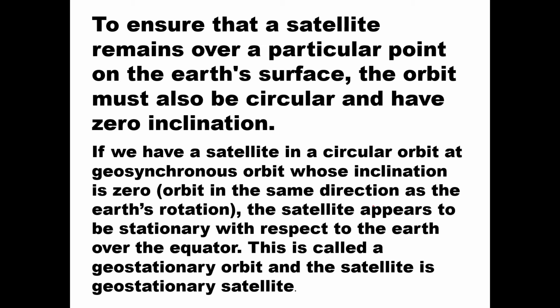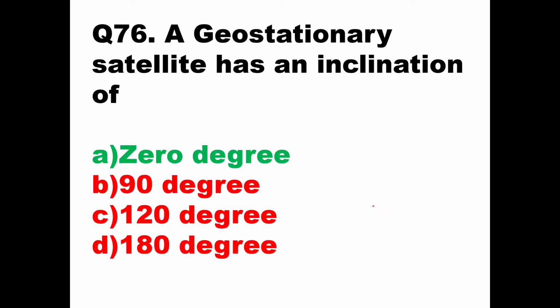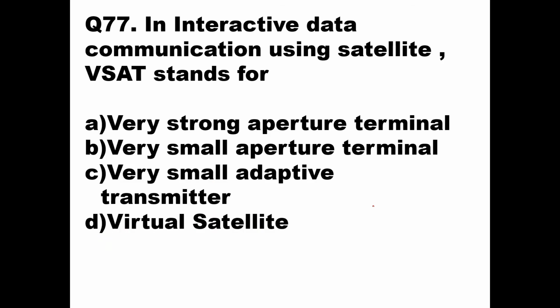This is called geostationary orbit, and the satellite is called a geostationary satellite. So here in this case, the degree of inclination is zero. So answer A will be the right answer, 0 degree. Okay. Then we'll go to the next question.